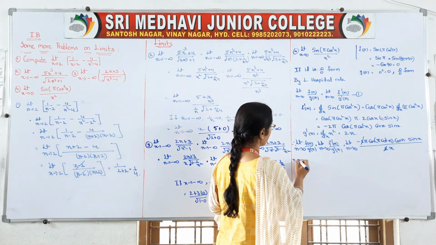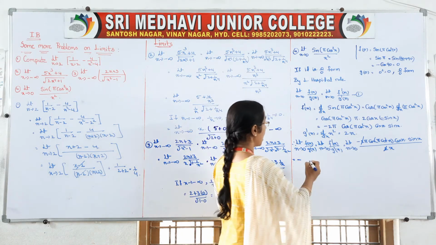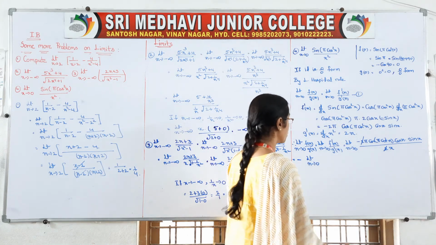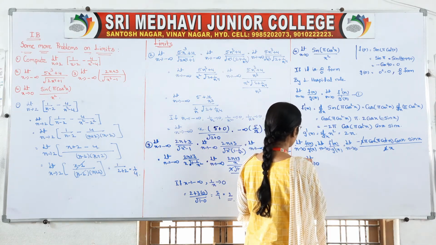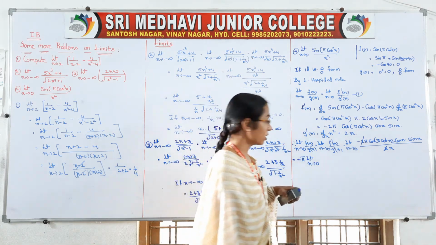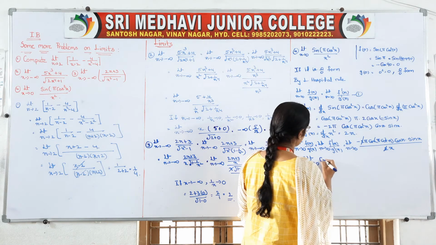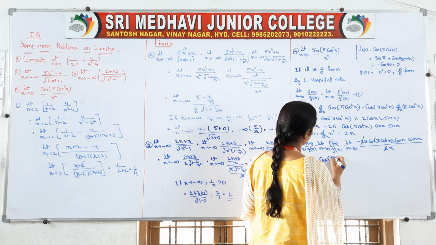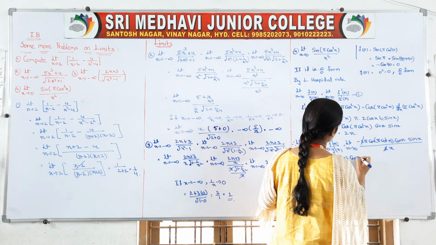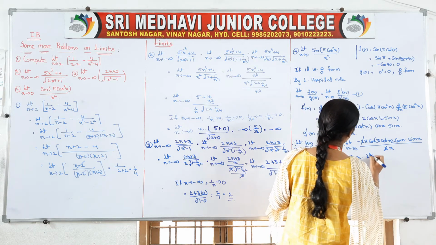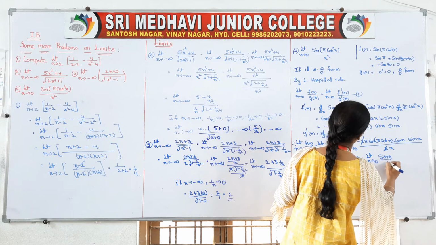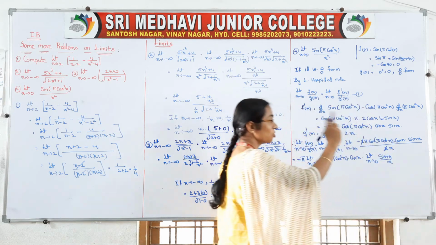So now you take negative sign outside and apply the limit separately. Limit x tends to 0, pi also we can take outside, it is a number. So it is cos of pi cos square x into cos x, and observe I am taking limit x tends to 0 sin x by x. I am giving this x to sin x.